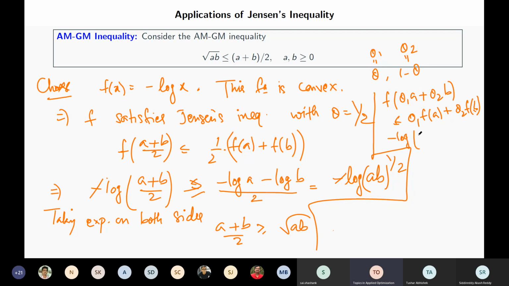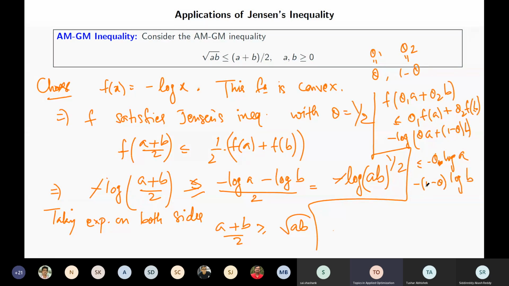So this will be minus log of theta a plus 1 minus theta b, is less than or equal to minus theta log a, so let us say theta 1 was theta, and then minus 1 minus theta log b.